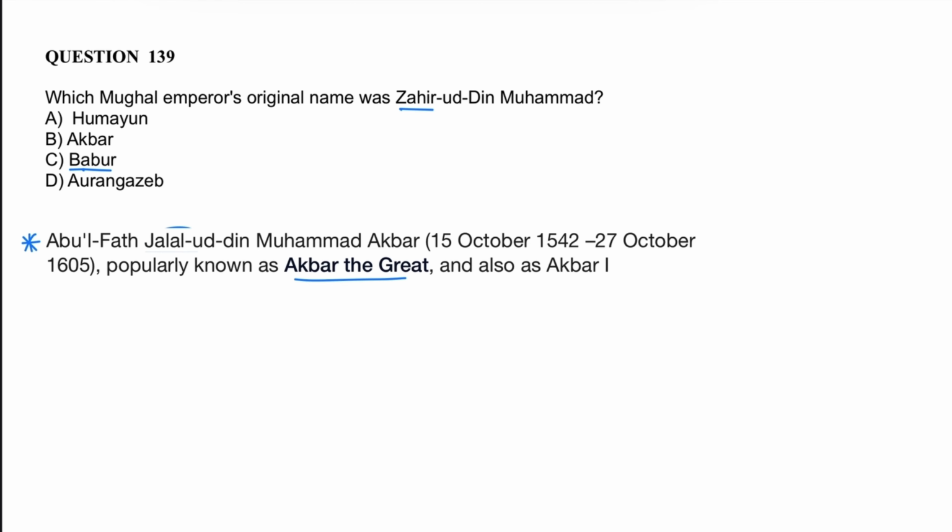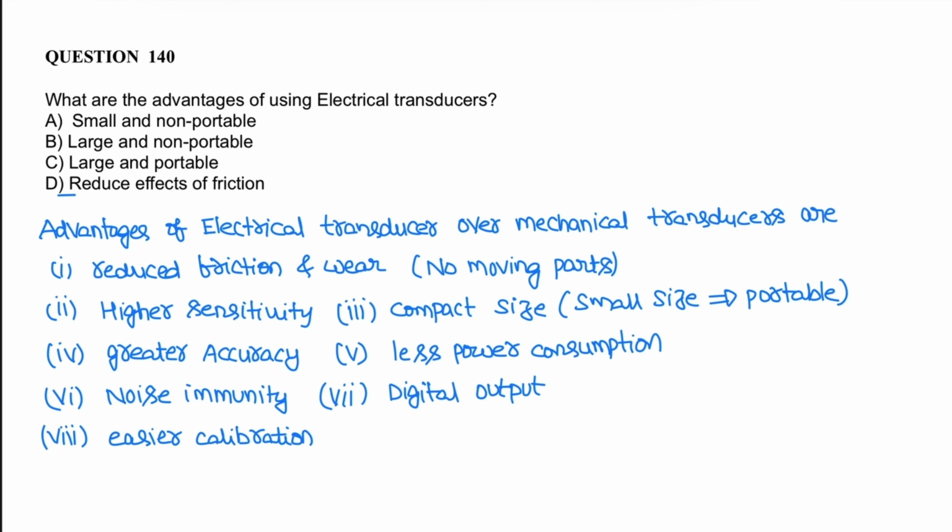Next question. What are the advantages of electrical transducers? In electrical transducers, there is no friction and there are no moving parts. Friction is not present and wearing is also absent. These electrical transducers are highly sensitive compared to mechanical transducers. They are compact in size and portable compared to mechanical transducers.